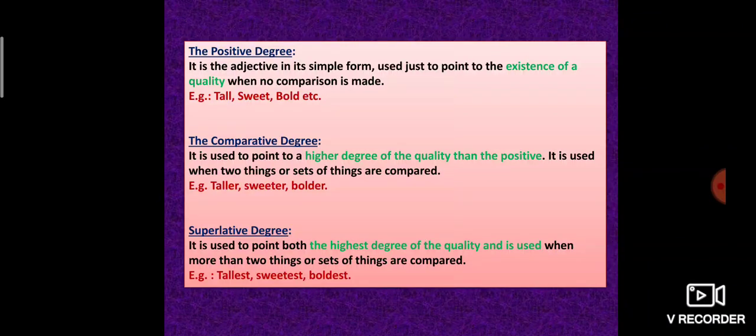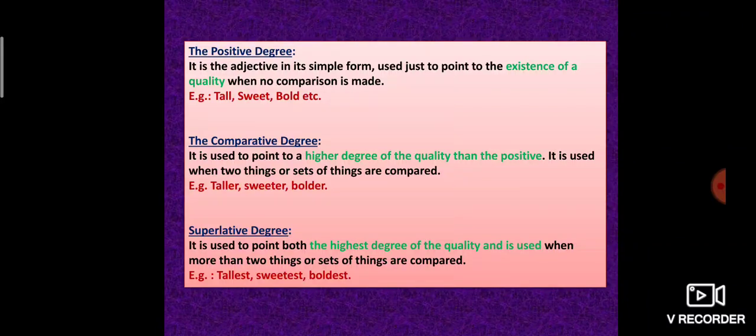Now you can see here the adjective sweet tells us that Rama's mango has the quality of sweetness without saying how much of this quality it has. So it is known as the positive degree of comparison.